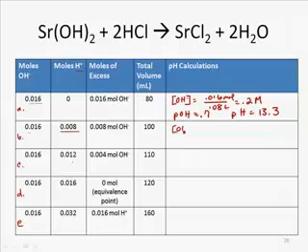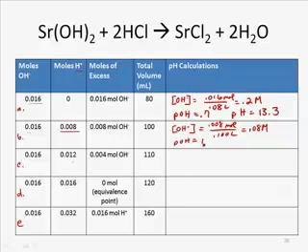So again, the hydroxide is still what is contributing to the pH, and so now I have 0.008 moles in 0.1 liters, so it's going to be 0.08 molar. And let's see, so 0.08, so it's going to give me, again, a pOH of 1.1, which means my pH is going to be 12.9.